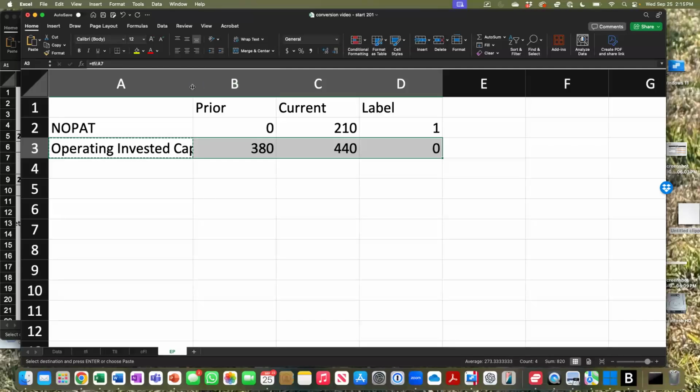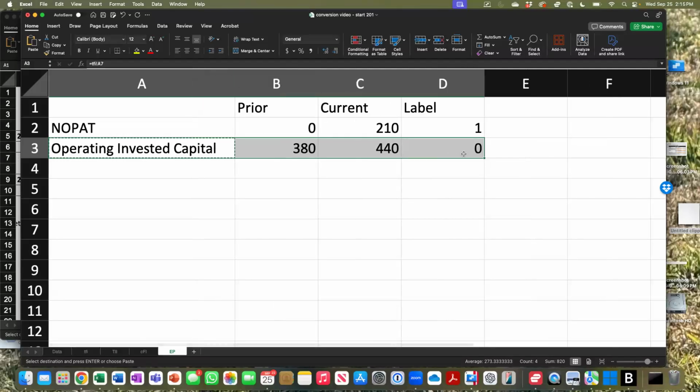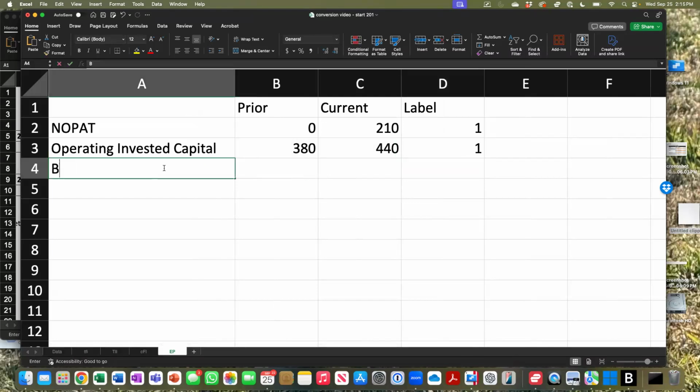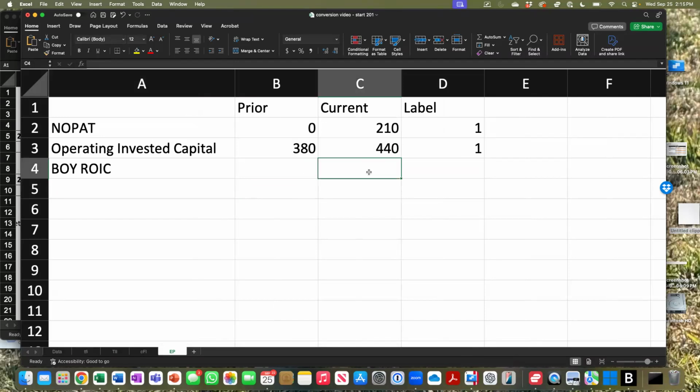Now, in the assignment, I asked you to estimate BOY ROIC, which stands for beginning of year, as opposed to EOY, which stands for end of year. Practically, to calculate BOY ROIC, we would take the current year NOPAT and divide by the prior year invested capital.